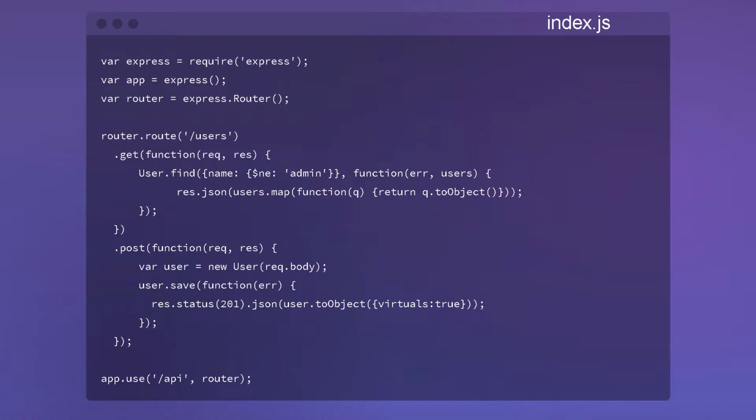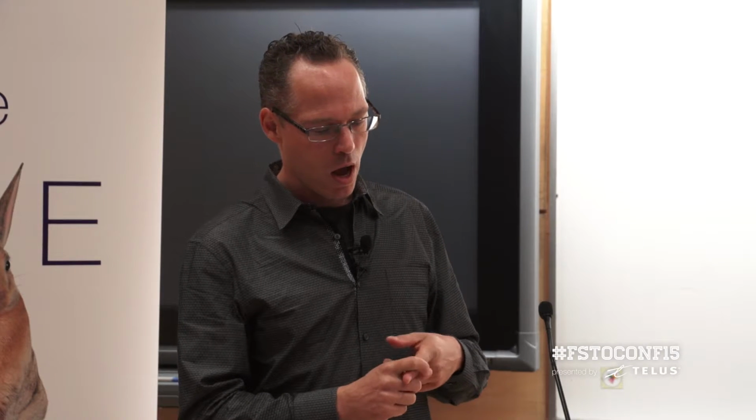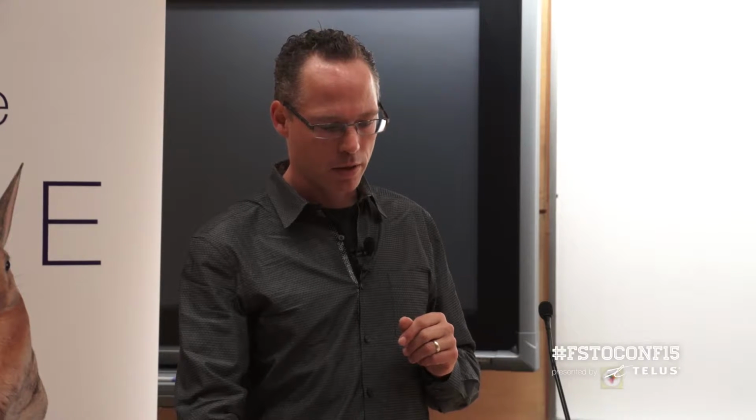So when you go in and register in the game, we're going to send a post to the users endpoint. I'll create a new user model, which is just a Mongoose model on top of Mongo. And I'll go ahead and save that to the store and then return that new record to the user. So all pretty straightforward stuff happening on the server side.